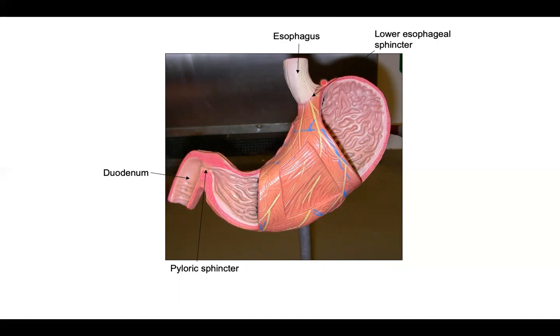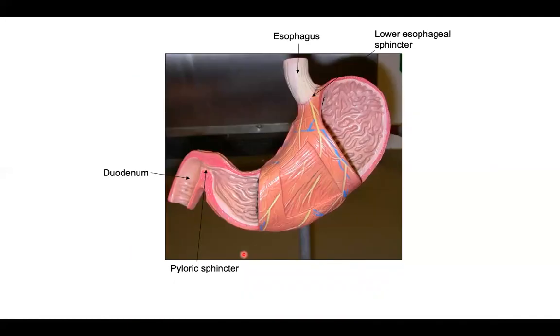The first sphincter you see here is basically making sure that the acidic environment of the stomach does not move up the esophagus. This sphincter is either referred to as the lower esophageal sphincter, or because of its proximity to the heart, it can also be referred to as the cardiac sphincter. The sphincter at the end, connected to the pyloric region, is referred to as the pyloric sphincter.